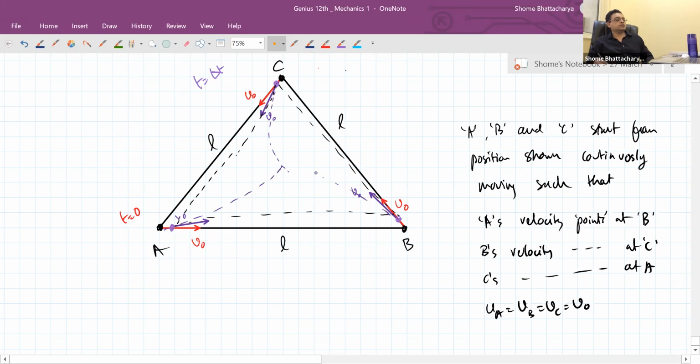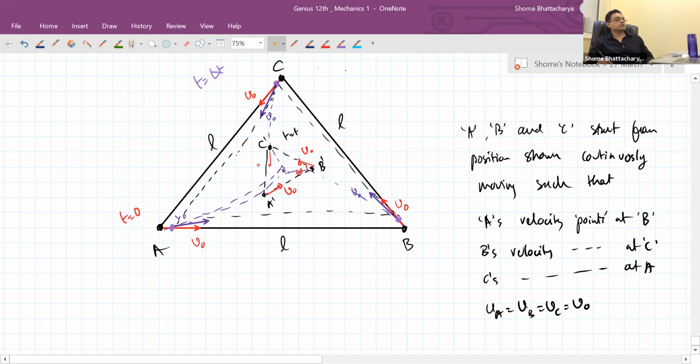Eventually they will intersect at the centroid somewhere here. At any other instant of time also, their mutual orientation is always going to be an equilateral triangle. So always the situation about their velocities is going to be like this.